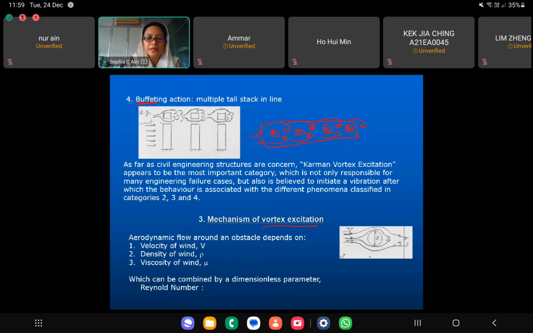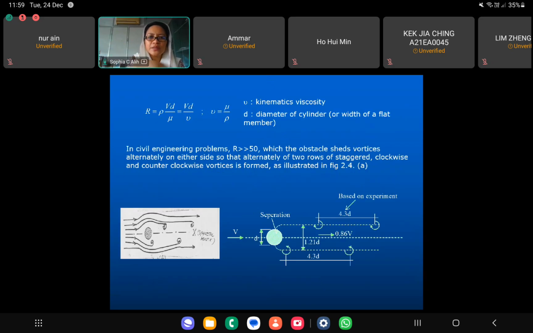We said that the aerodynamic flow around an obstacle depends on three parameters: the velocity, the density, and the viscosity. If you combine these parameters, it gives you one dimensionless parameter, what we call the Reynolds number. So what is the Reynolds number?